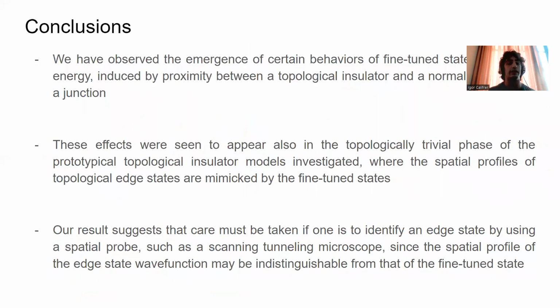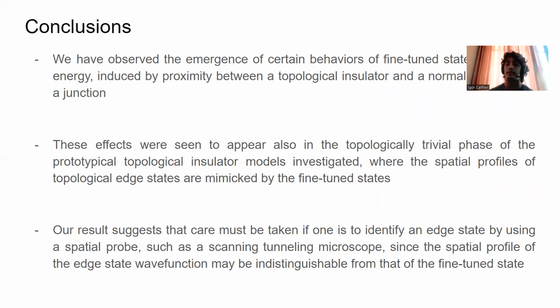I'm going to briefly outline the conclusions here. So we have observed certain behaviors when we fine-tune the energy levels of a normal metal to cross zero energy. And when it happens, the states that emerge have similar characteristics in some cases to the true topological edge states.